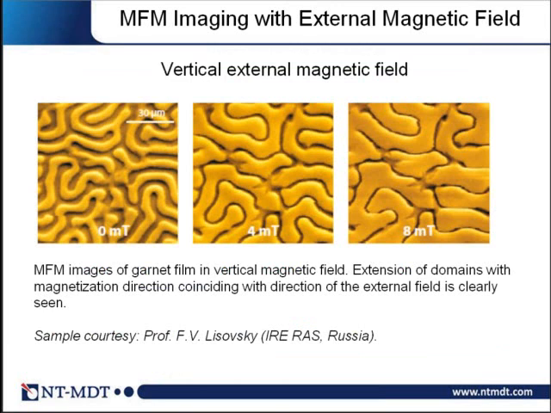It is always useful to have a possibility to apply magnetic field not only in plane, as we have seen in previous examples, but also out of plane. And here you see magnetic domain structures of also a Garnet film in an applied perpendicular, out-of-plane magnetic field. You see that contrary to the pictures we have seen before, applying a perpendicular field, you do not order domains.